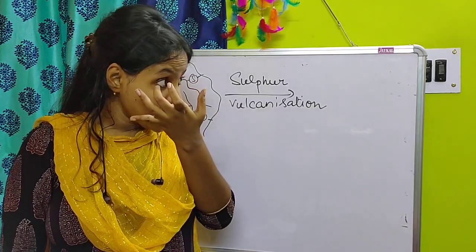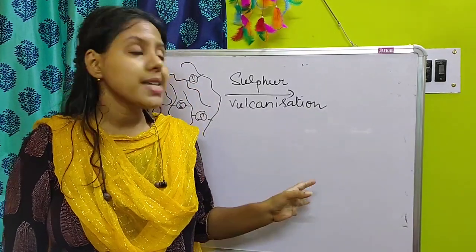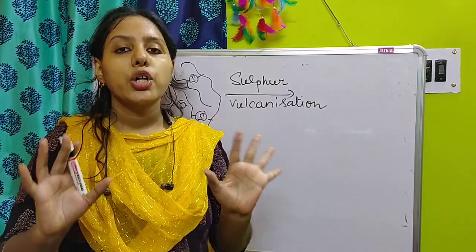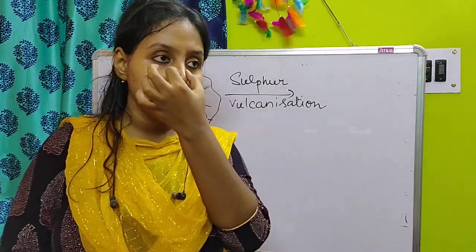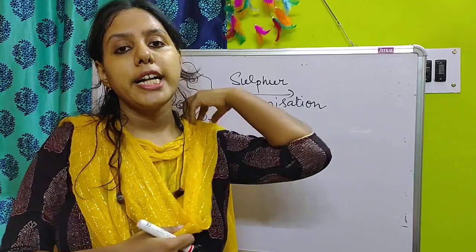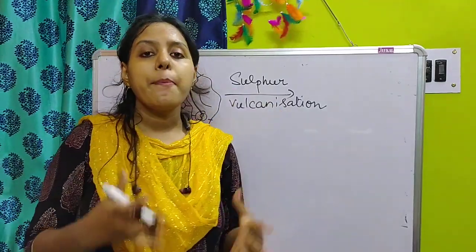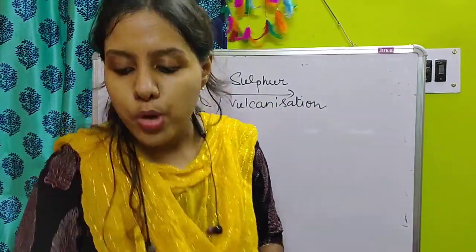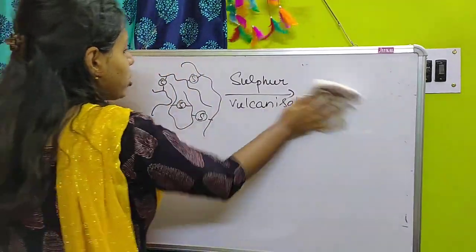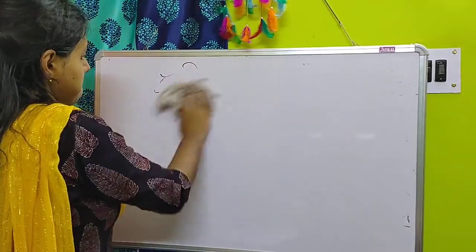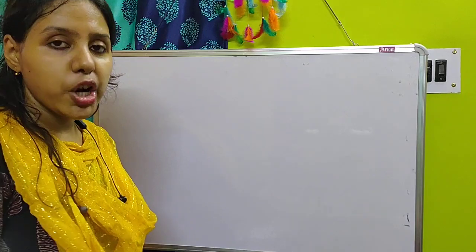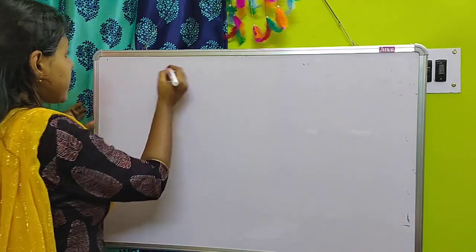And now the last topic is two types of polymers depending on their decomposition. Depending on the nature of decomposition, two types of polymers are there.